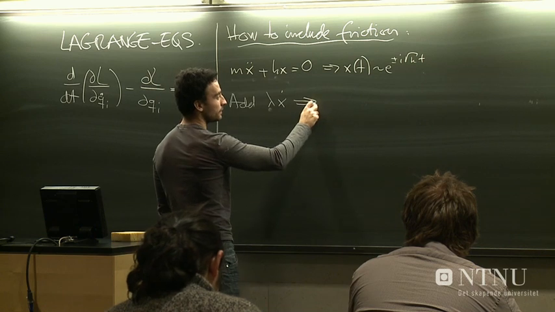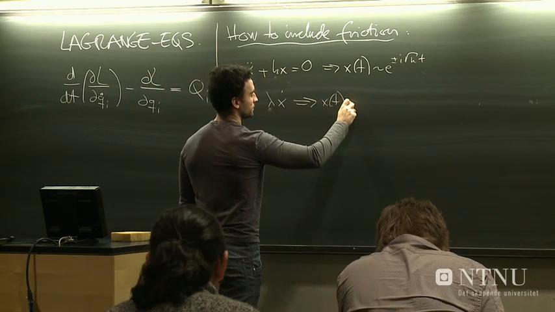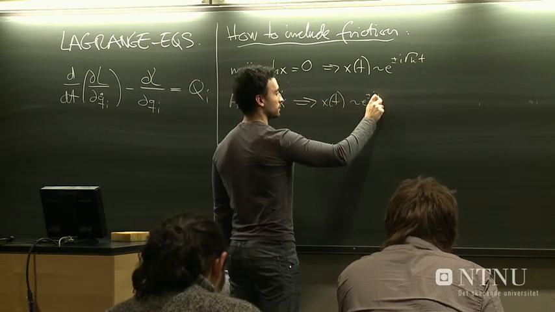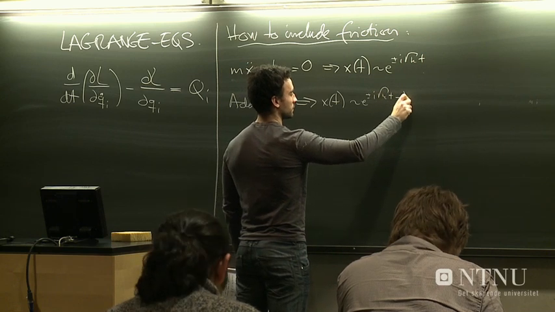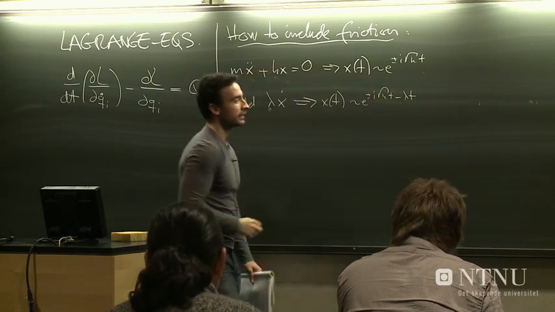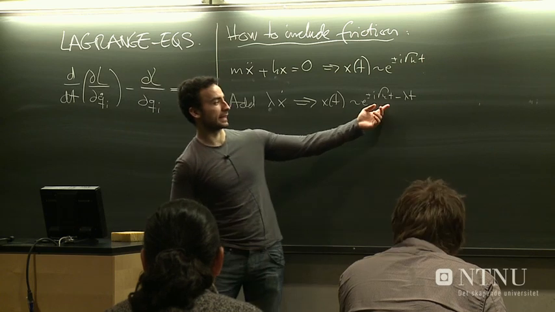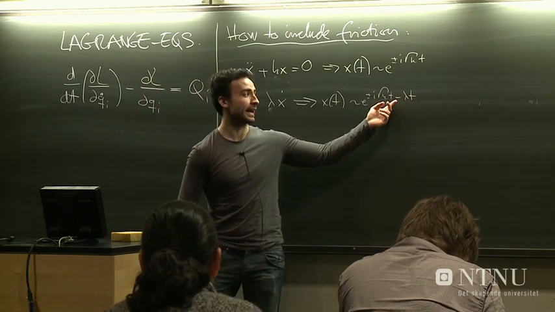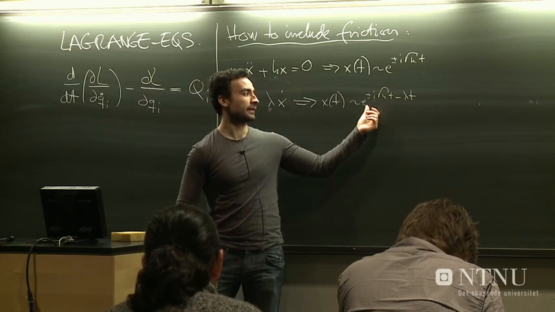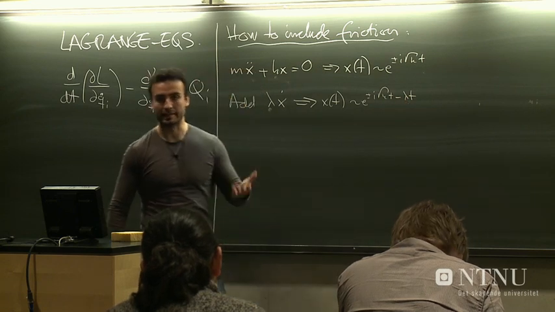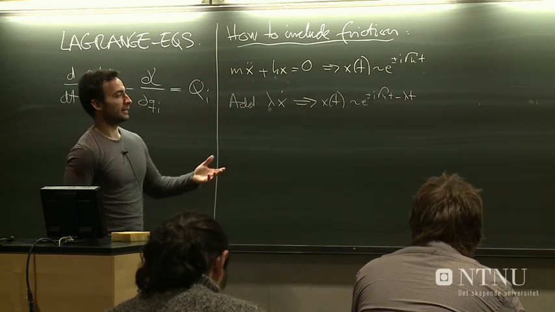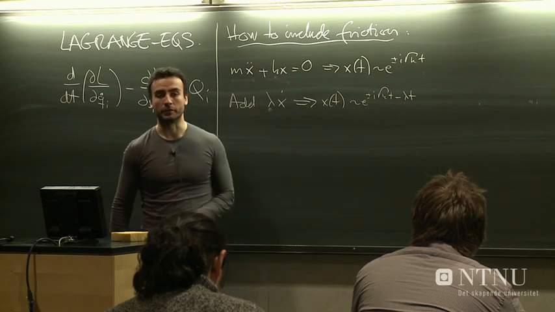And what happens then is that the solution takes some kind of form like this. So you get an extra term here, which is a damping term. You see, as t becomes large, it takes the amplitude to 0.